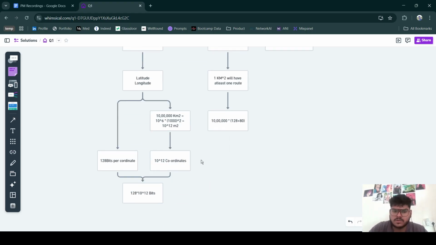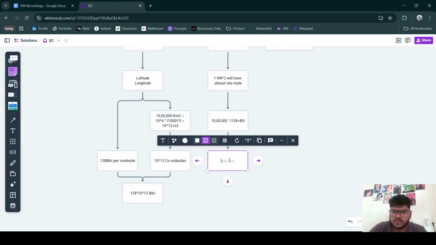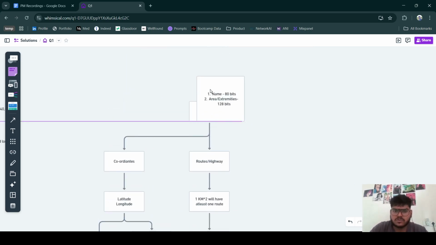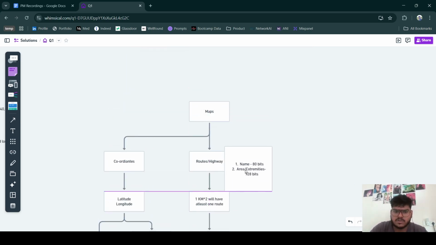Okay, so 128 plus 80 is 208. 208 needs two to the power 6 bits of storage. So that is for the route.